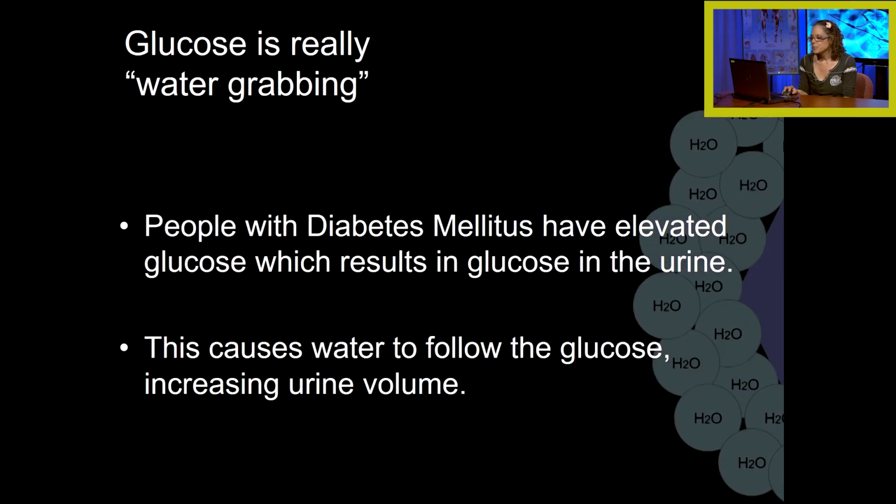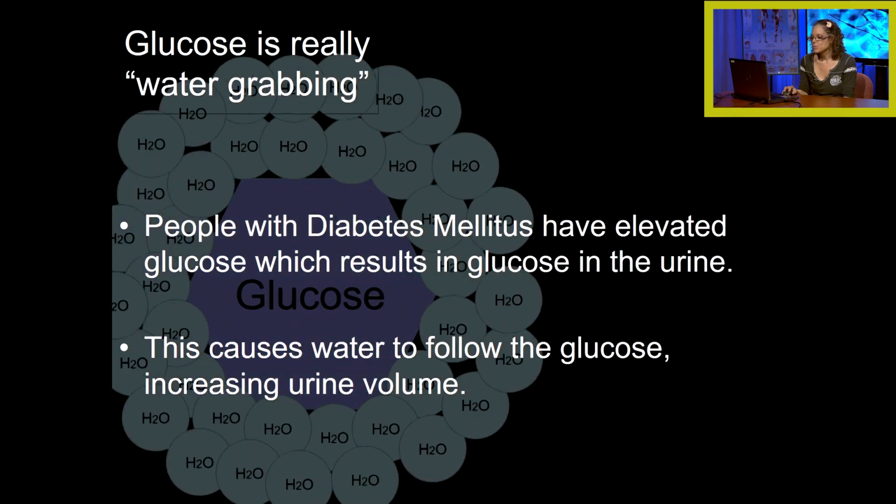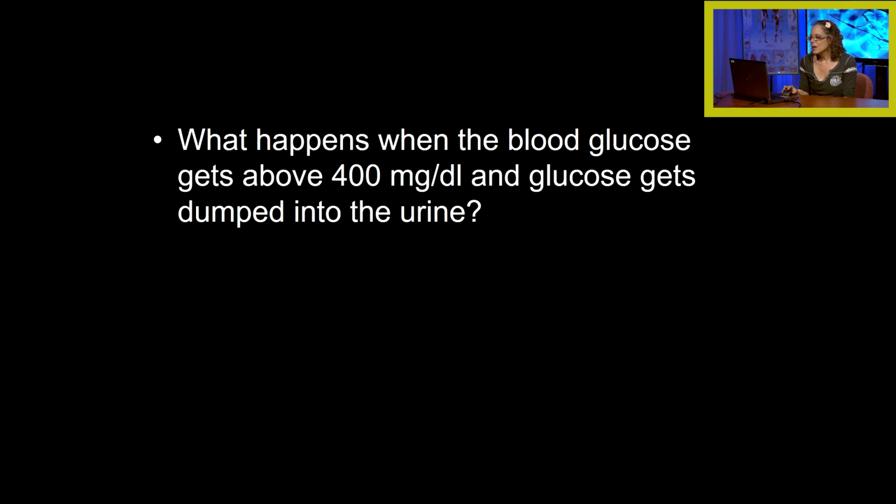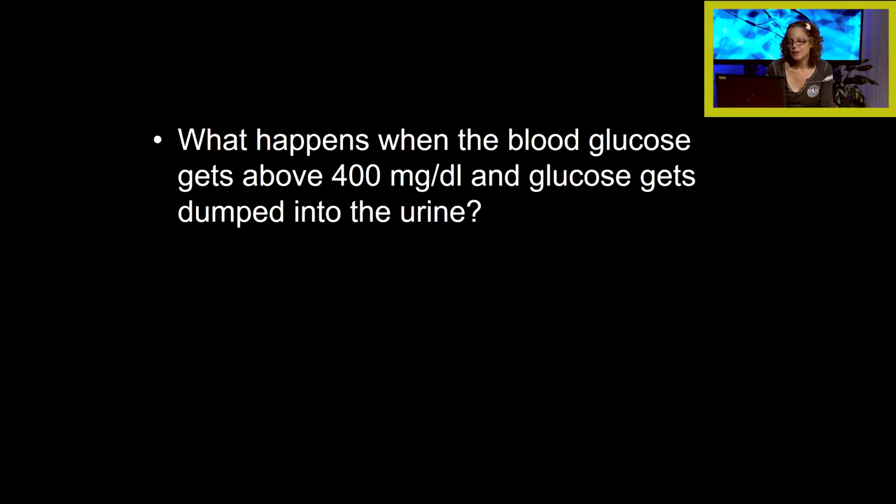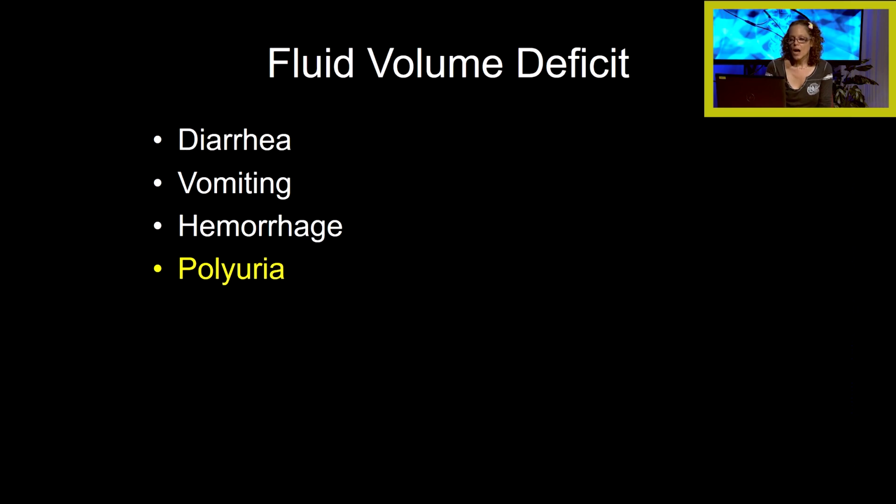What happens when the blood glucose gets above 400 milligrams per deciliter and glucose gets dumped into the urine? We can see a fluid volume deficit, right? So we said that things that caused fluid volume deficit were diarrhea, vomiting, hemorrhage, and here's that word, polyuria, which is excessive urination.